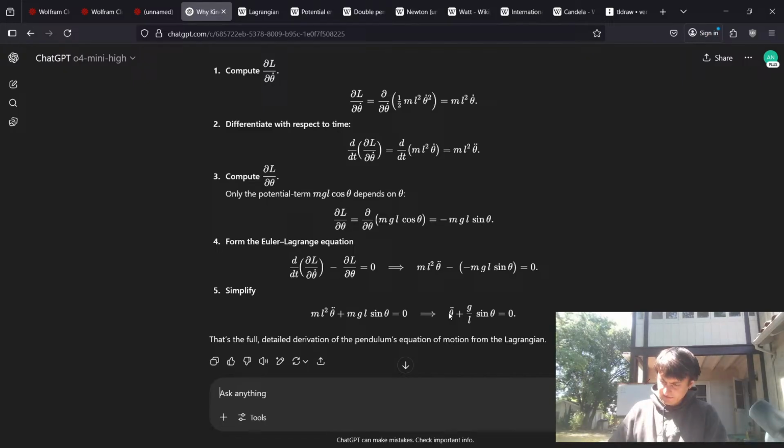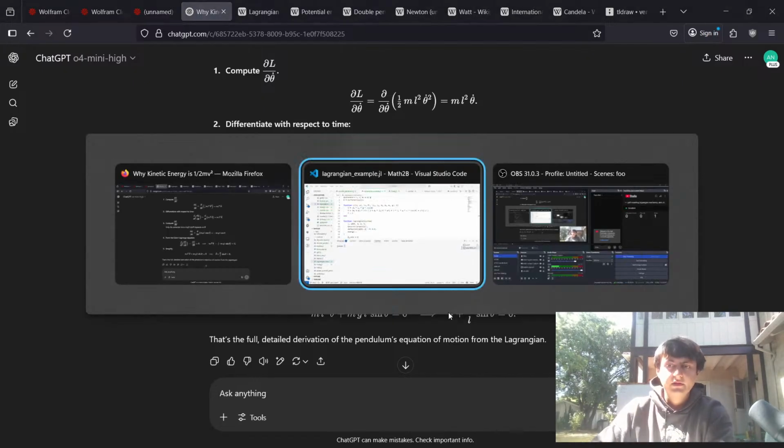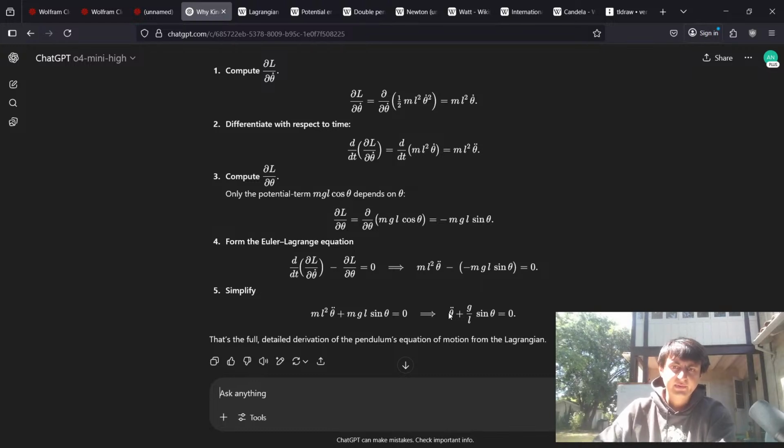So theta double dot equals minus g over L sine theta. Cool. All right, so we just derived the single pendulum using Euler-Lagrange.